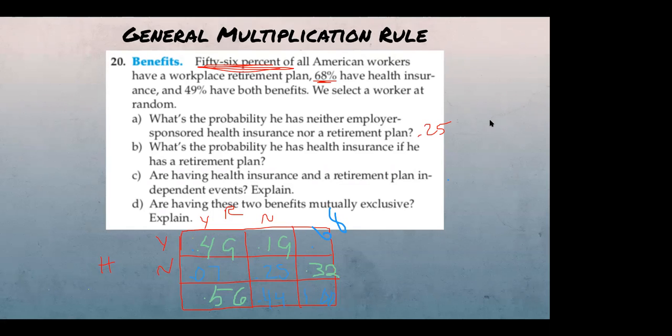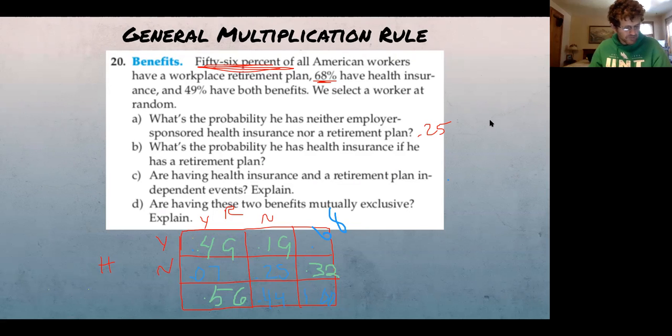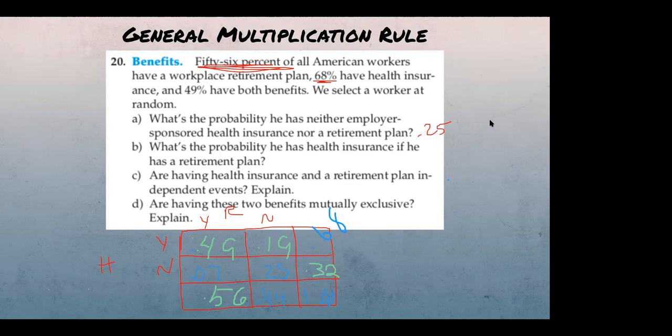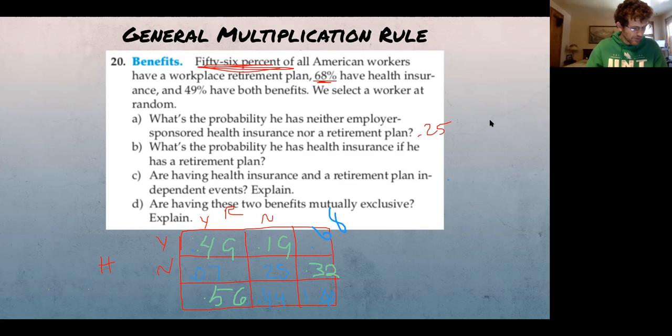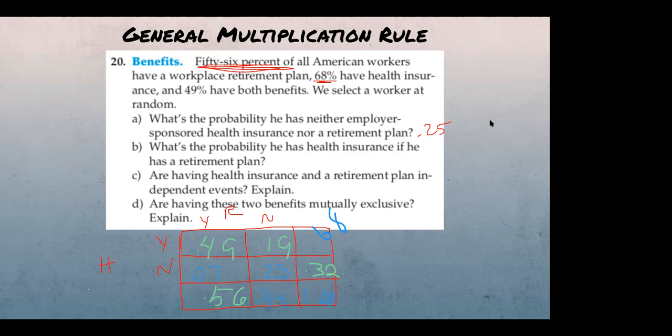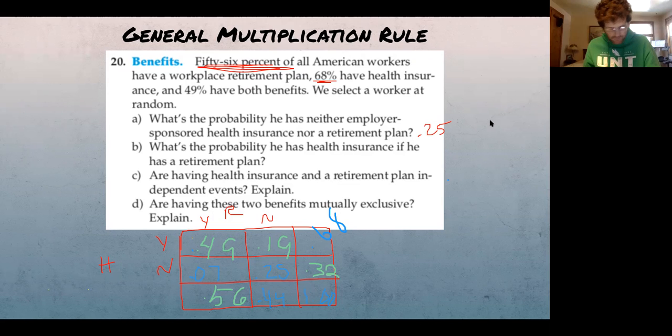Let me see. I got a different number. I got 0.875. Wait, oh, you know what? I personally made a mistake on that. So my number wasn't correct. So let me see if mine matches what you just said. See, 0.875 is what you said. That's what I got as well. Okay, so tell me how you got 0.875.